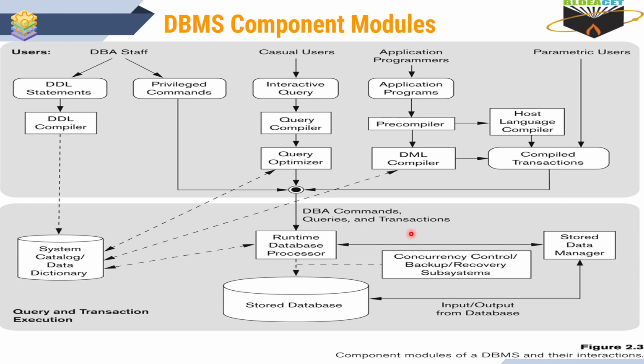Parameters vary during the runtime. It also works with the system catalog. The runtime database processor consults the system catalog to update the system and the statistics of the database.